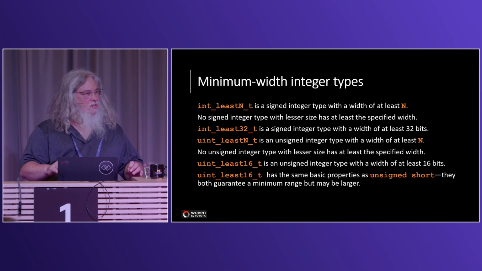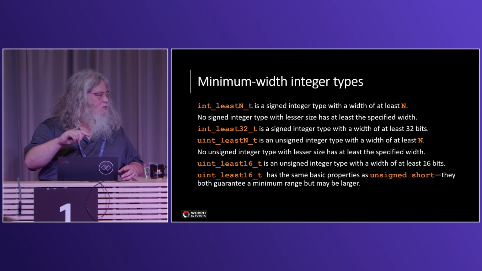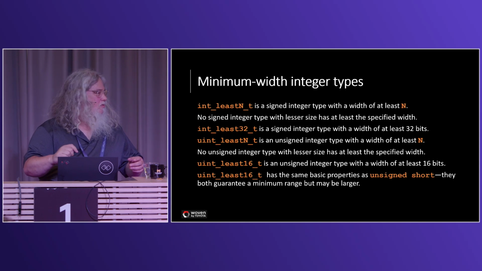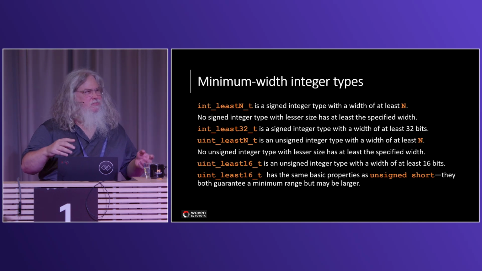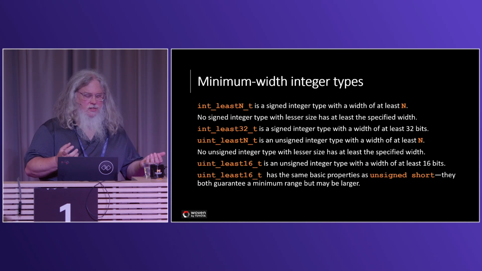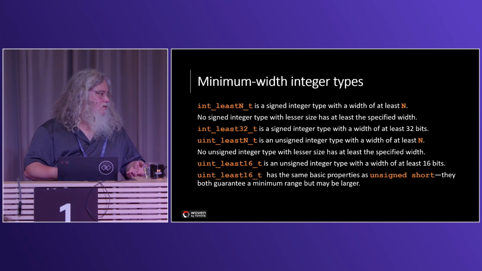The MISRA C standard really says you have to have an alias and it has to have a number in the name of the alias. So these would qualify under MISRA C. But when you get up to MISRA C++, where they're talking about the rationale being knowing the exact size of the object, now you kind of wonder, because with these types, you don't know the exact size. They're at least that size. They could be larger.